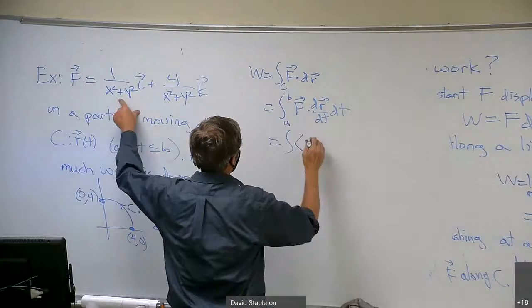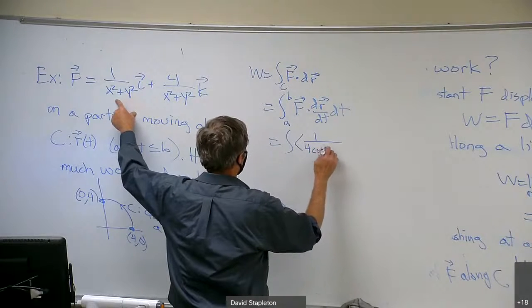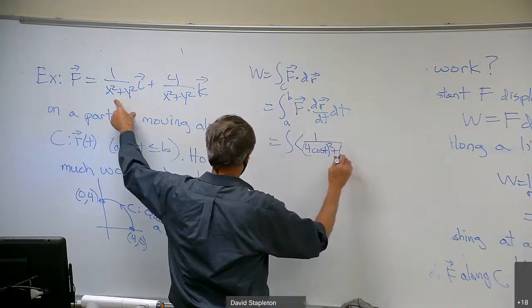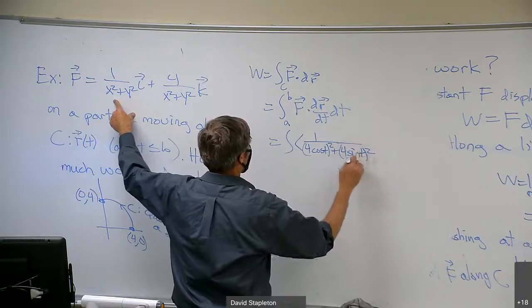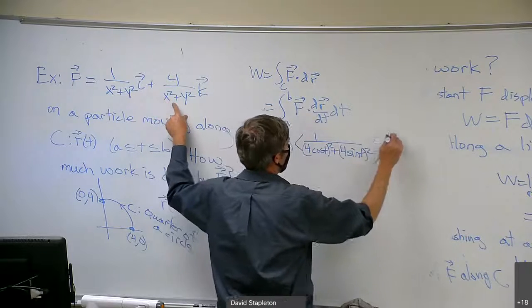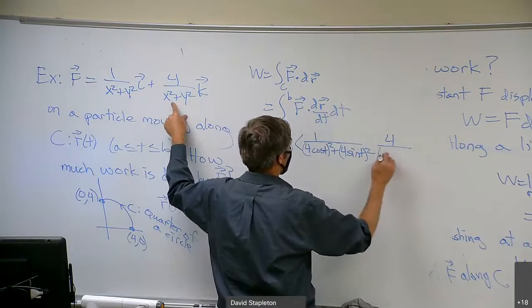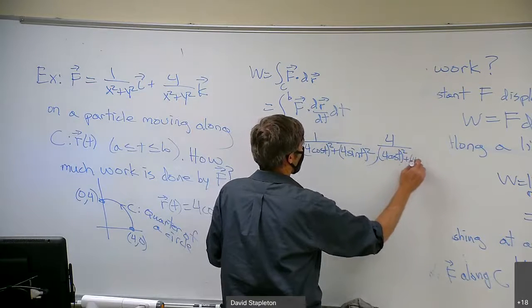Now 1 over x squared plus y squared: the first component of F is 1 over x squared, which is 4 cosine t, squared, plus y squared, which is 4 sine t, squared. So there's the first component of F, and 4 over the same for the second.